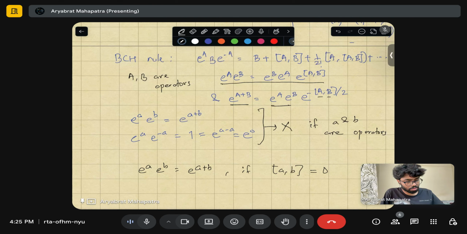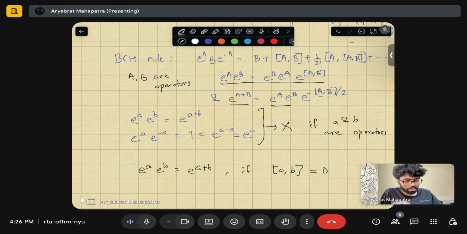So that is some information to remember when you are working with displacement operators, because you will repeatedly have this kind of exponential operator, where in the power of the exponential you have quantum operators, which are basically matrices if you write down their representation.